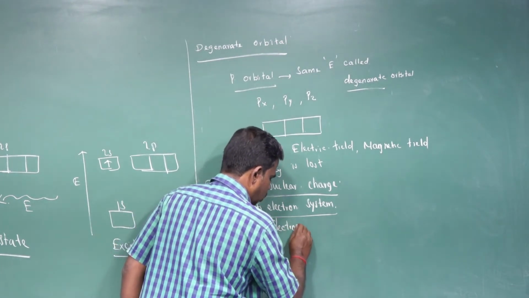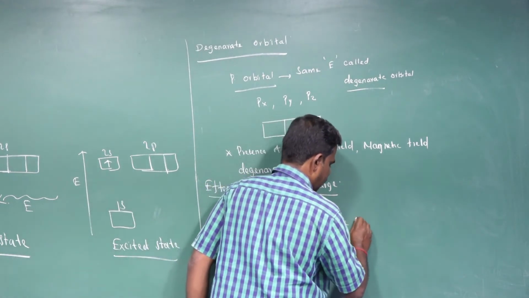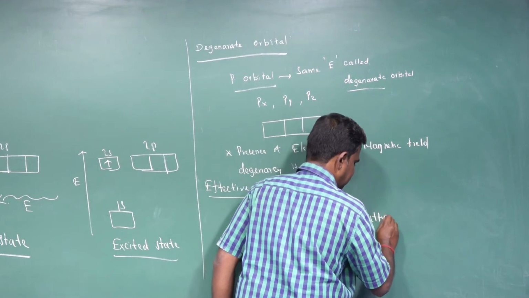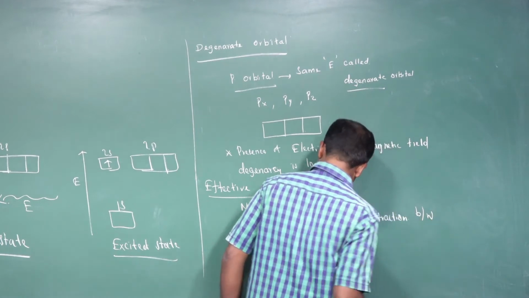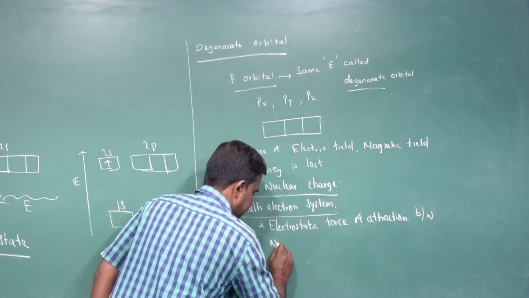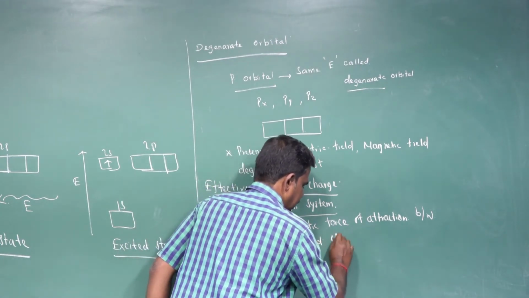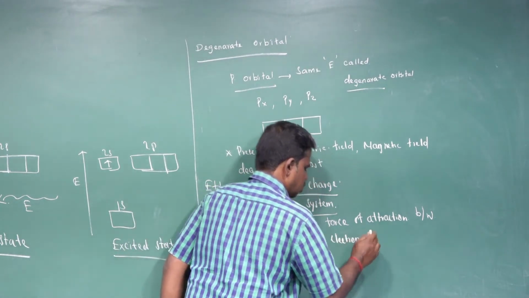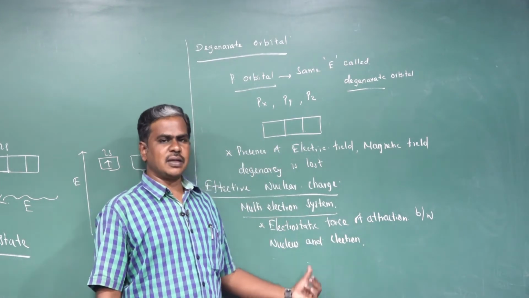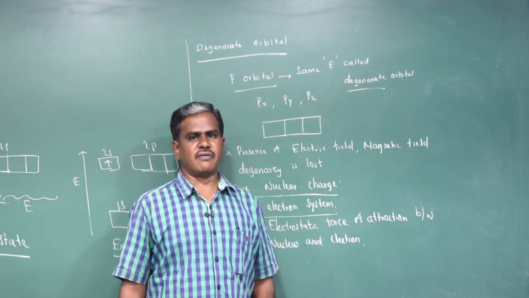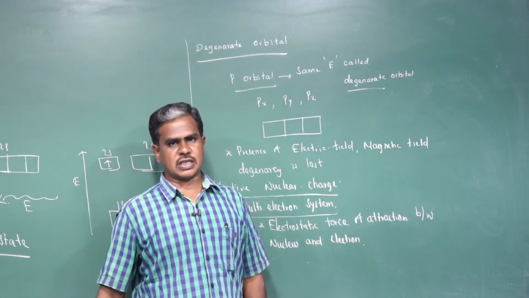The electrostatic force of attraction between nucleus and electron is always present in an atom, that is, the electrons are bound by the nucleus by electrostatic forces of attraction, because electrons are negatively charged and the nucleus is positively charged.